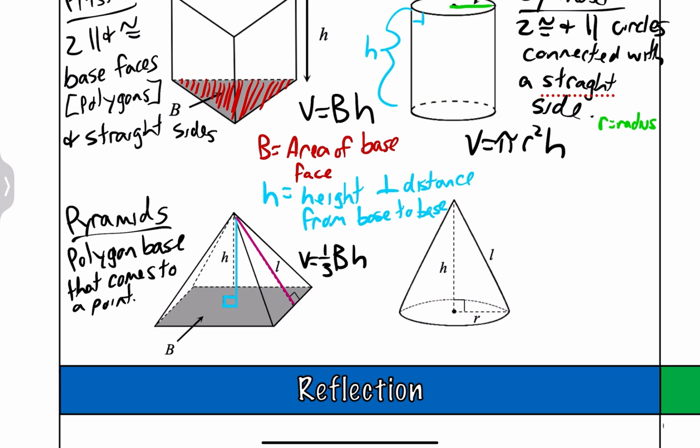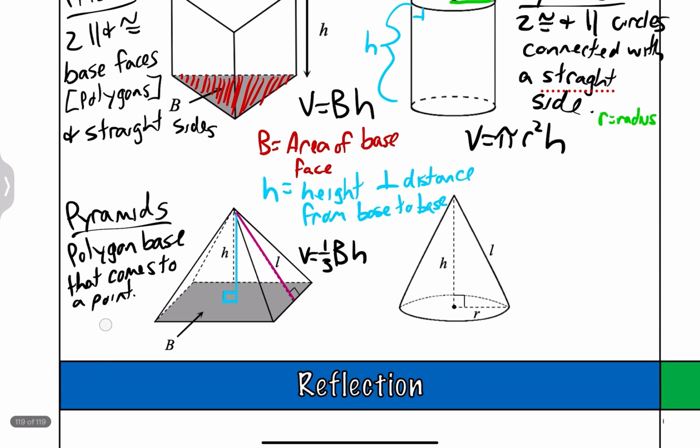It's not the base, it's not the height. If you were to look at this particular pyramid straight on, it would look like a triangle, and you'd have L. You'd have one of the sides of the base here, and the height would be in the middle. So be careful between the slant height and the height of the shape.